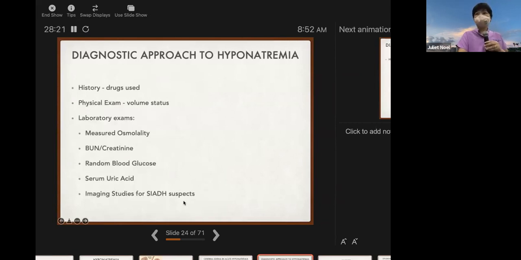SIADH is inappropriate secretion of ADH. This is common. We see it in patients with lung problems, with CNS problems. So if you're suspecting SIADH, you want to find out what's the possible cause, so you need imaging studies.